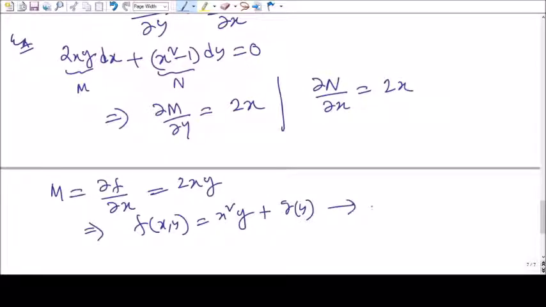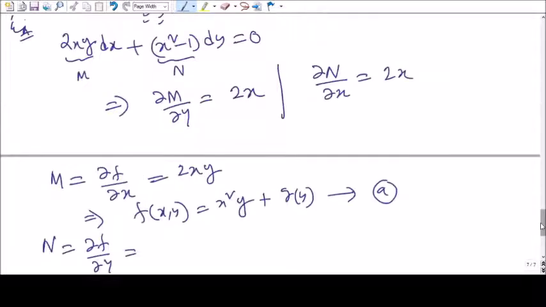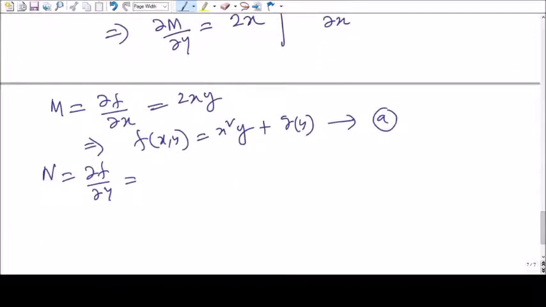Now let us call this equation A, and N, which is ∂f/∂y, is equal to x² minus 1.